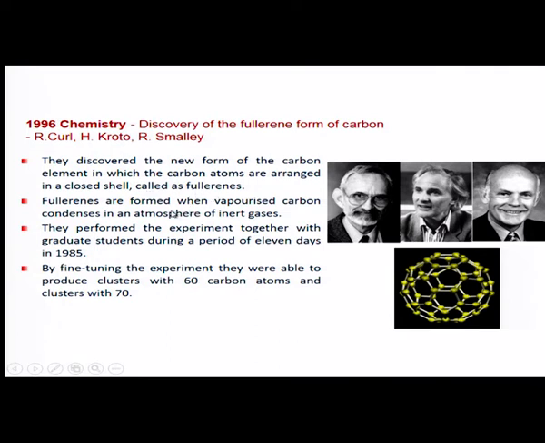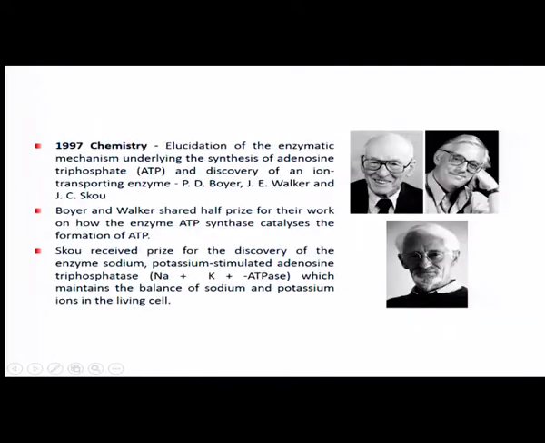Fullerenes are formed when vaporized carbon condenses in an atmosphere of inert gases. They performed the experiment together with graduate students during a period of 11 days in 1985. By fine tuning the experiments, they were able to produce clusters with 60 carbon atoms and clusters with 70 carbon atoms also.